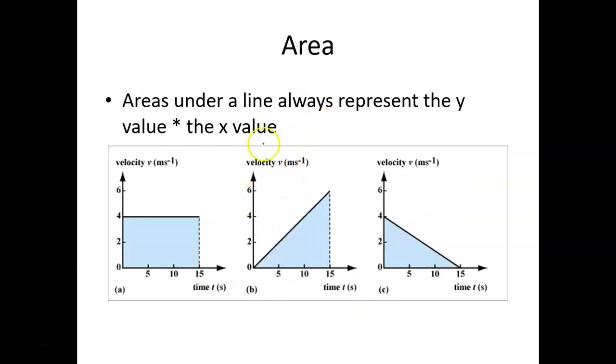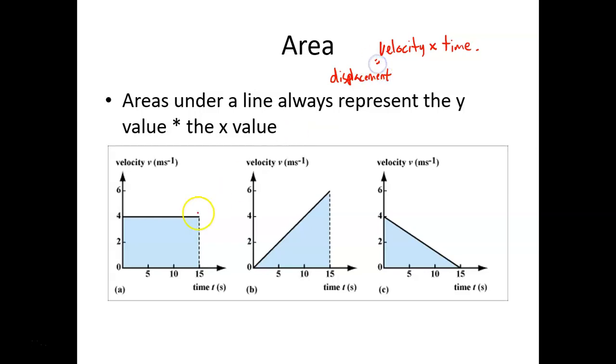Areas underneath always represent the y value times the x value, and in each of these cases we've got velocity multiplied by time. If we take the velocity multiplied by the time, that is equal to the displacement.